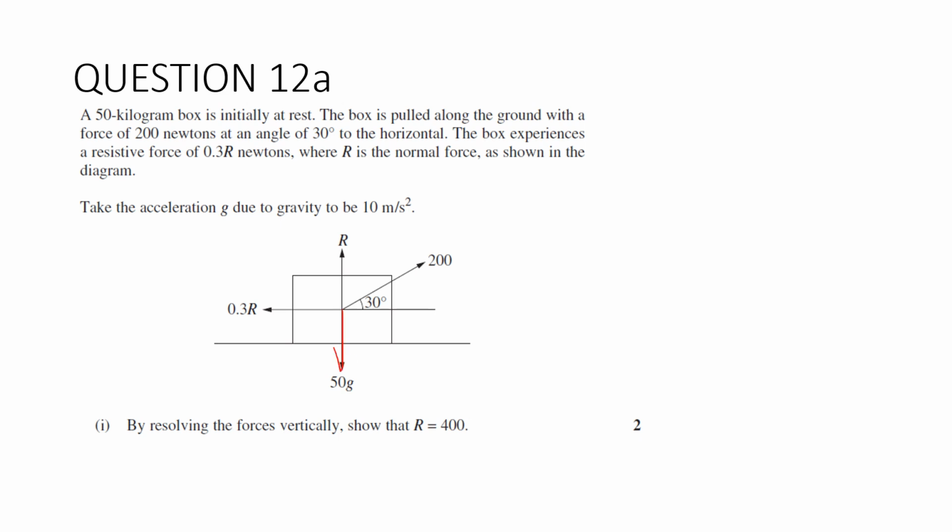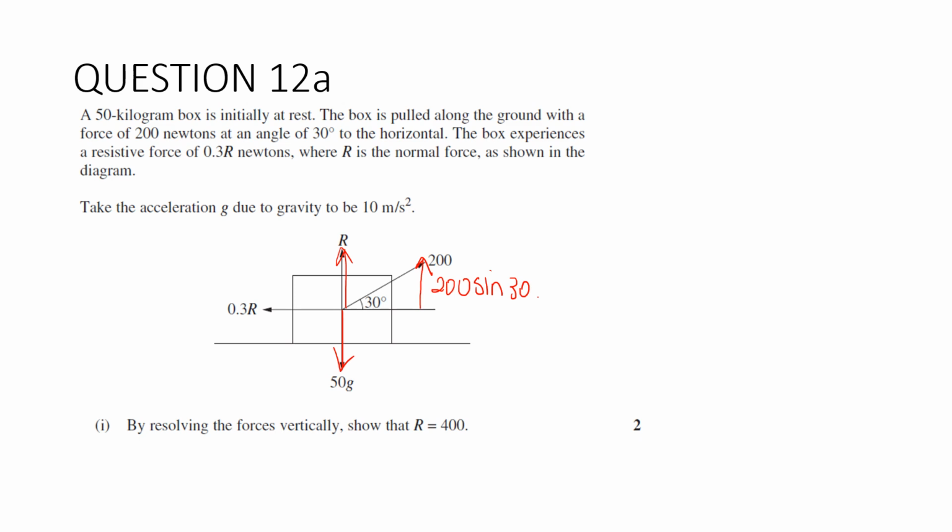So we can see this force here of 50g, and then this force here, but there's another one. There's this one here, the vertical component of the pulling force, which is going to be 200 sine 30. Now we know that the box is staying attached to the floor. It's not flying up into the air.